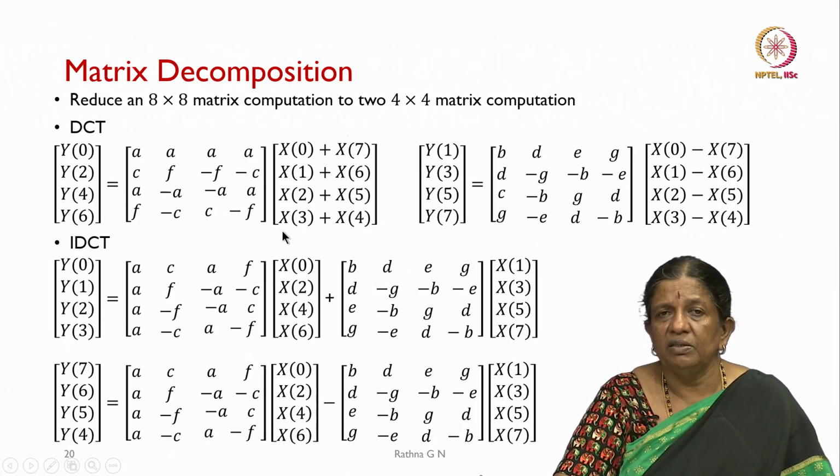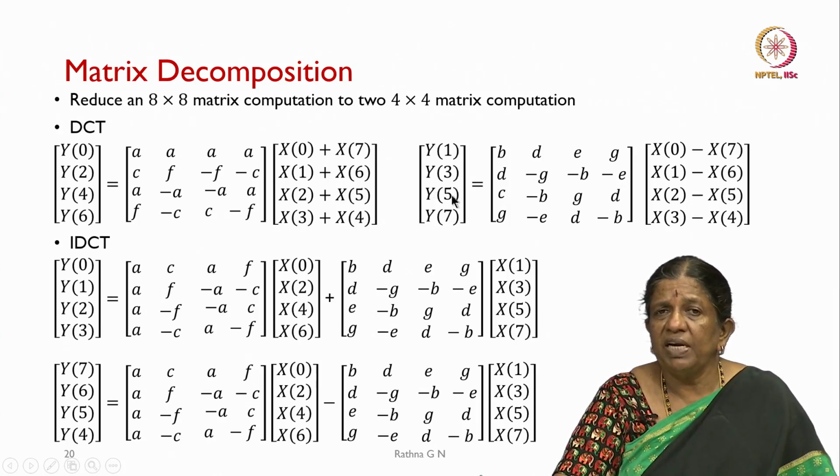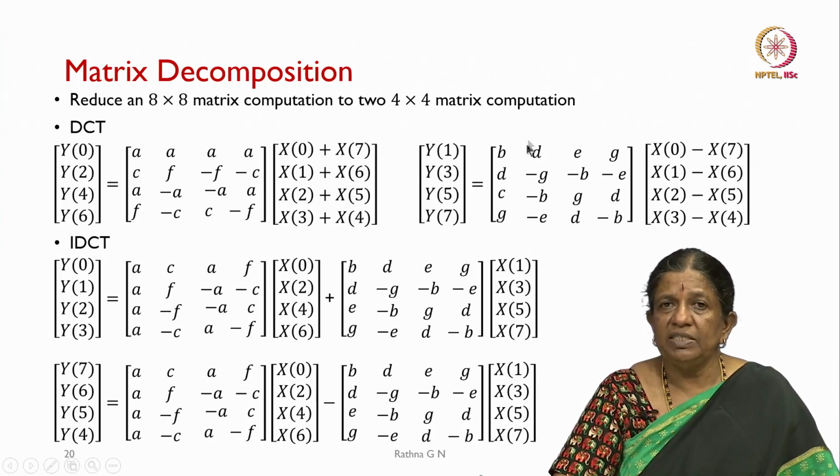So, you can put them at the bottom: y1, y3, y5 and then y7. They need BDEG coefficients to compute, and the input to this will be x0 minus x7, x1 minus x6 and so on. So, now to compute back with these coefficients, okay, the IDCT.